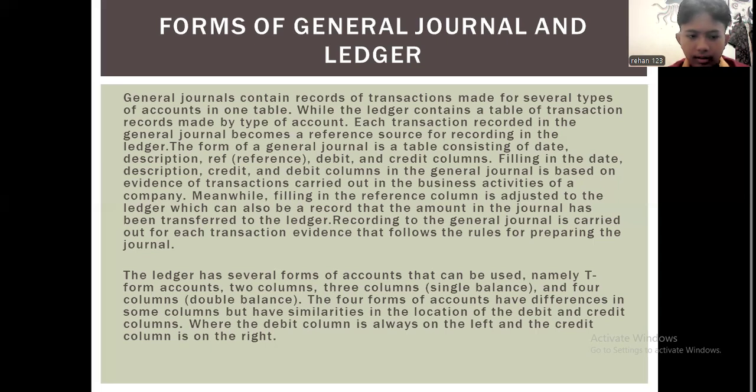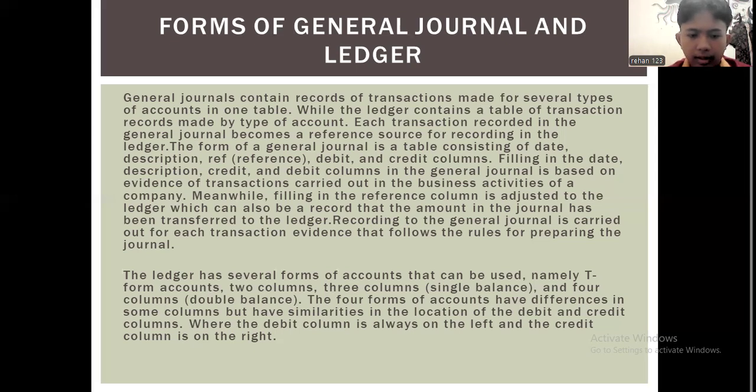Filling in the date, description, credit, and debit columns in the general journal is based on evidence of the transactions carried out in the business activity of a company.